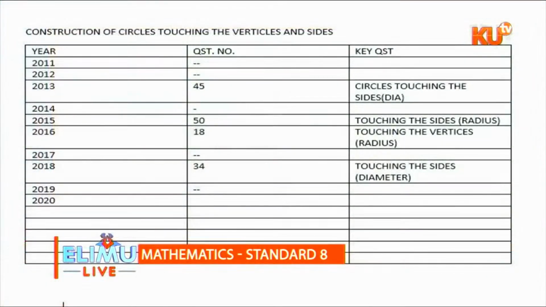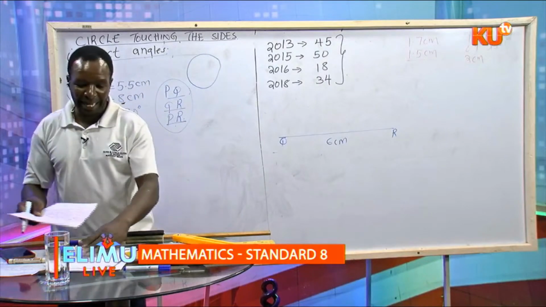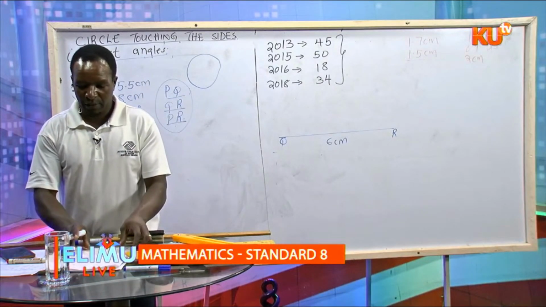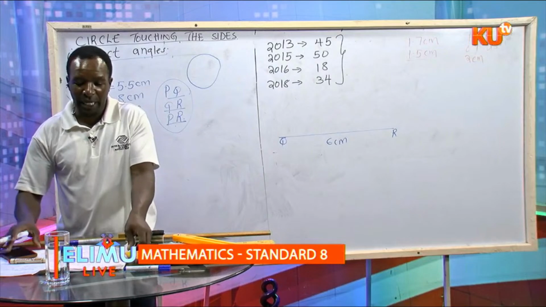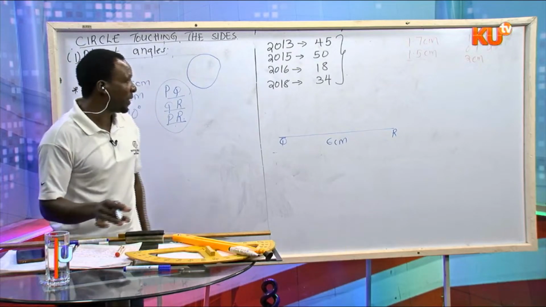In 2016, attempt question number 18. And in 2018, question number 34. These questions will give you skills, not really enough skill, but they will show you how KCPE is tested.